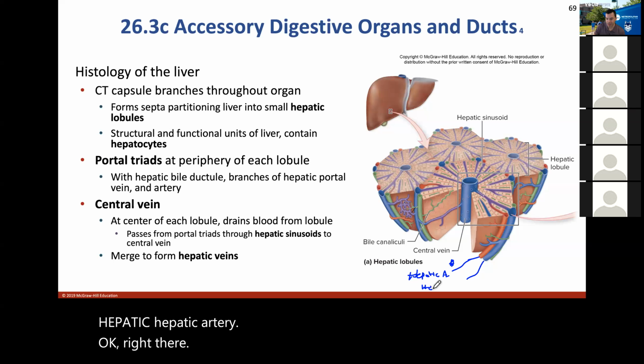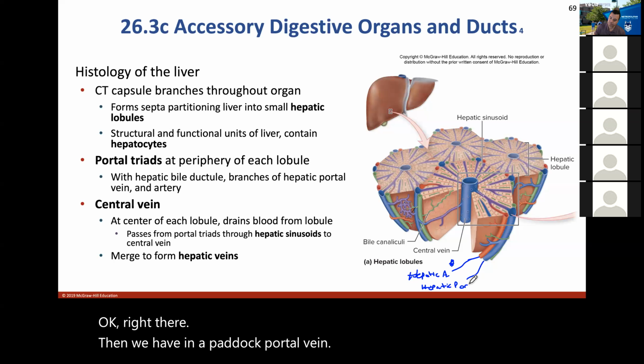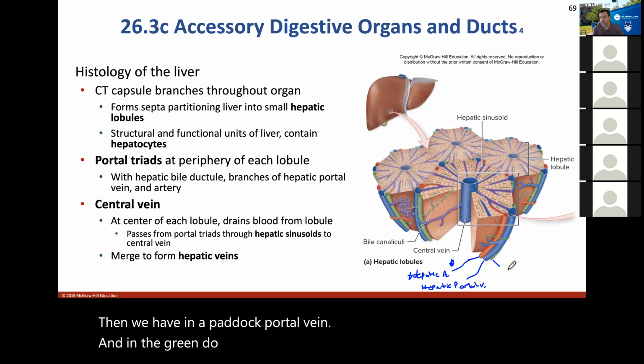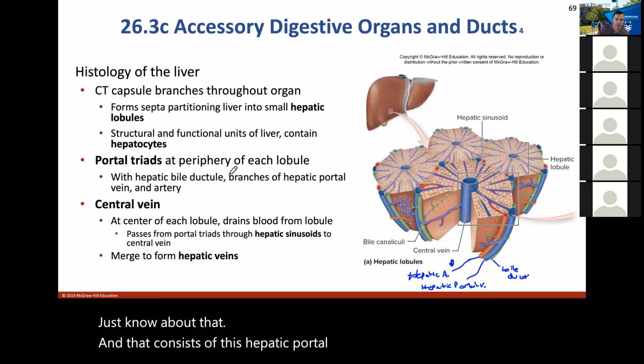Then we have the hepatic portal vein. And then the green dude there is just a little bile duct. And that consists of this hepatic portal triad. Okay, there it is.